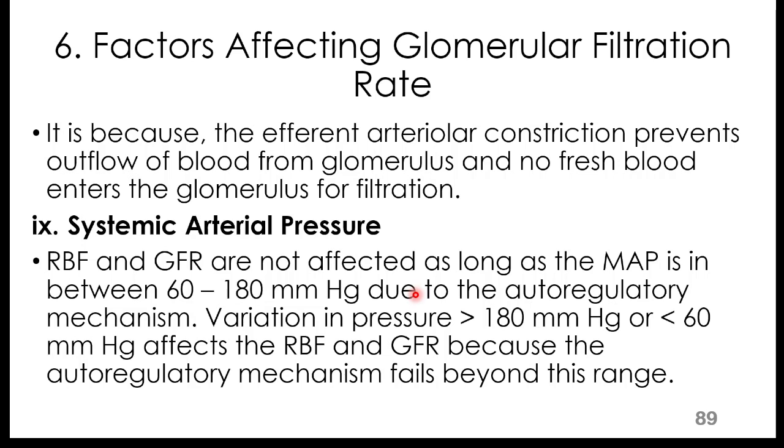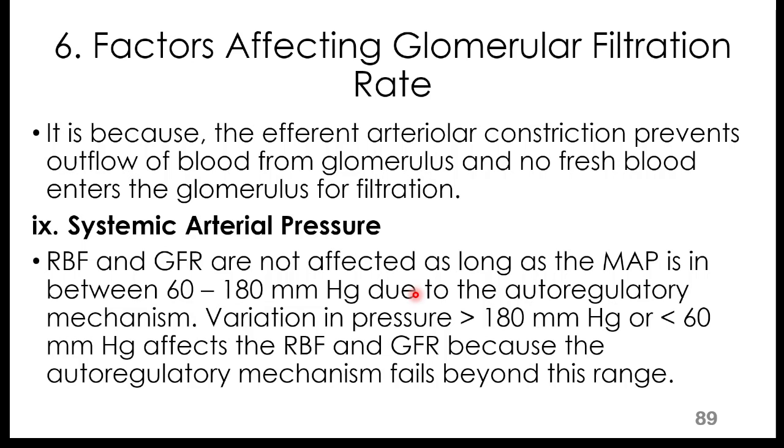Now, the systemic arterial pressure also has a role to play on glomerular filtration rate, because the kidneys, even though they have a unique circulatory system, are still part of the systemic circulation.